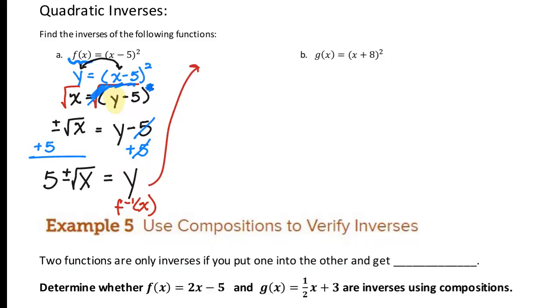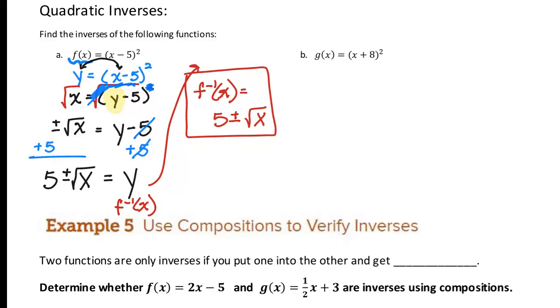My final answer is the inverse of f of x is equal to 5 plus or minus the square root of x. That is your final answer.